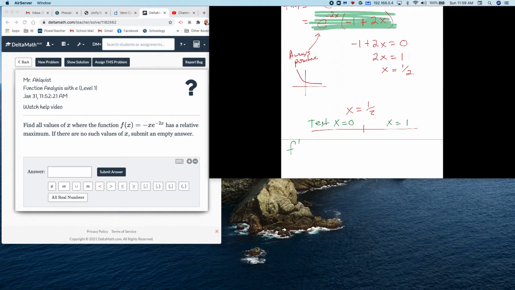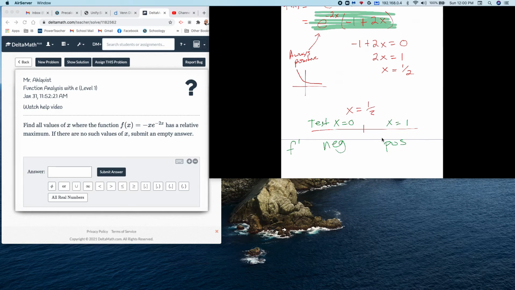Notice that when we put in 0, we get 1 times a negative, so we get a negative value here. If you put in 1 into here, we have a negative, we have a positive value, because that's always positive, times another positive, so this is positive.